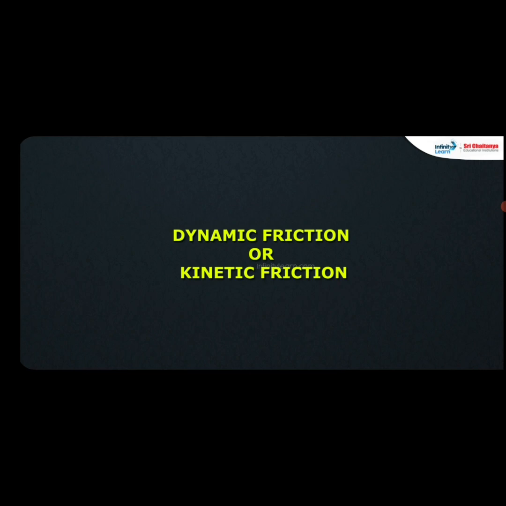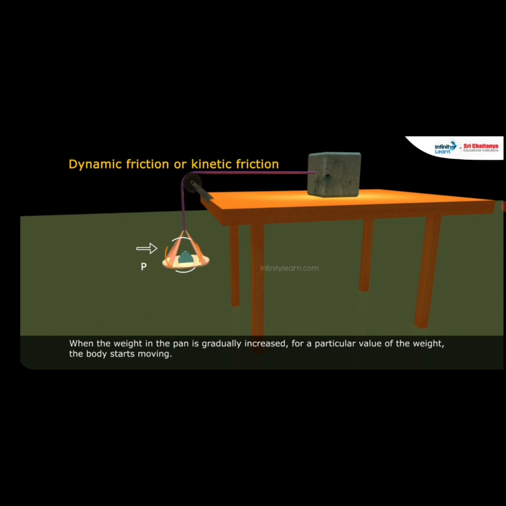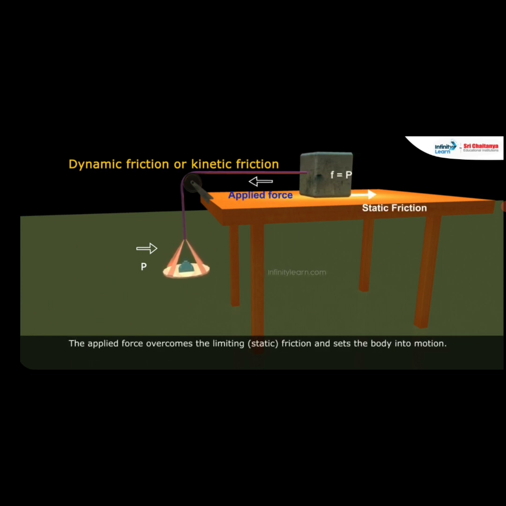Dynamic friction or kinetic friction. When the weight in the pan is gradually increased, for a particular value of the weight, the body starts moving. The applied force overcomes the limiting static friction and sets the body into motion.